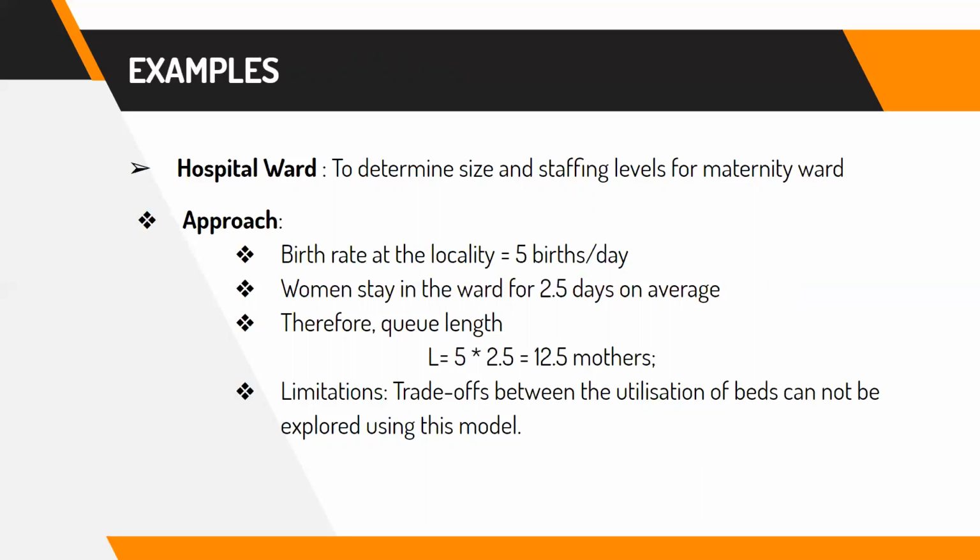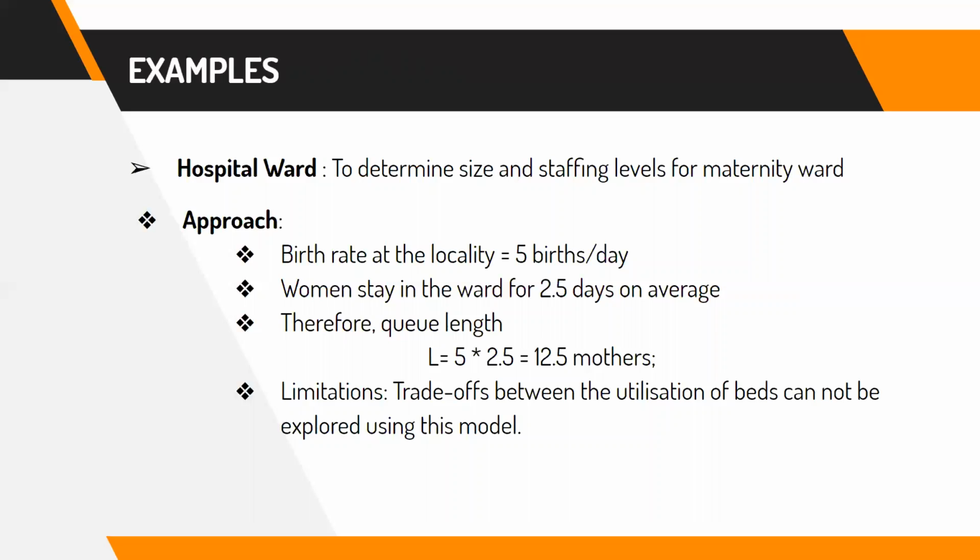In this hospital ward example, we wish to determine the size and the staffing level for a maternity ward. From the historical data, we know that the birth rate for a local community is 5 births per day, and on average, a woman stays in the ward for 2.5 days.